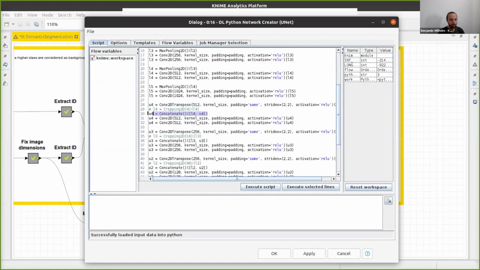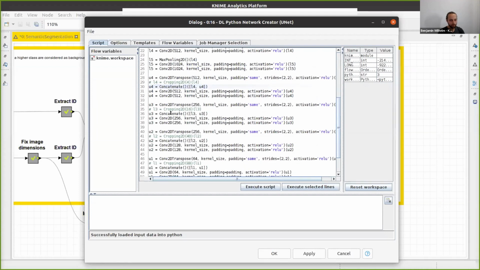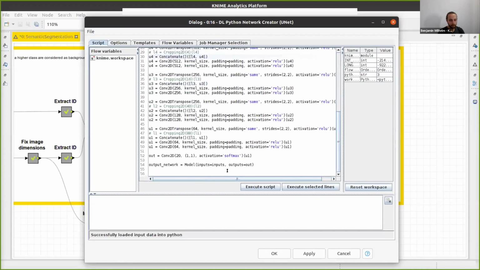And we also concatenate the other features of the same layer. So the skip connection is done here. And then use convolutions again to compute useful features, and so on. We do this and arrive at our class probabilities per pixel with a softmax activation.